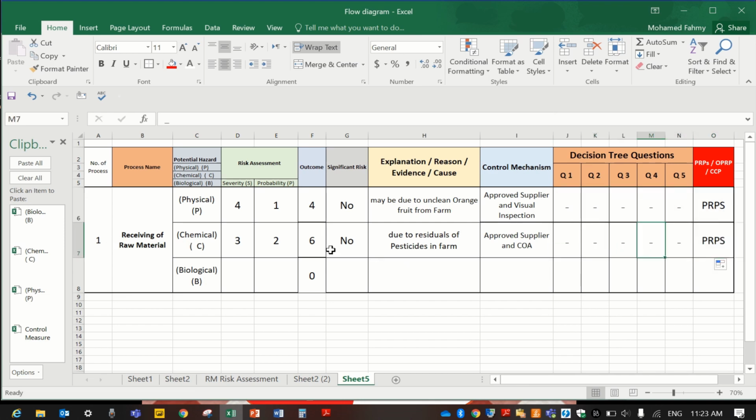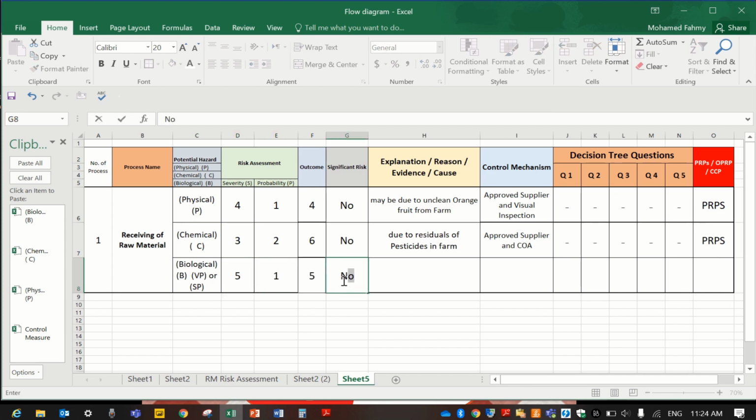Each one we must mention, it is very important. And the biological hazard, which is either vegetative pathogen or sporulated pathogen. The severity is, for example, 5, the probability is 1, so it is 5.